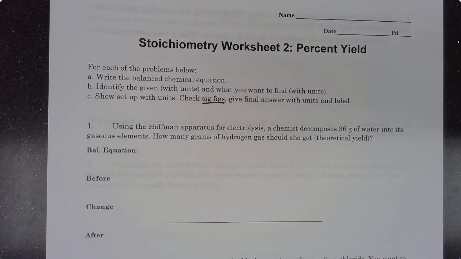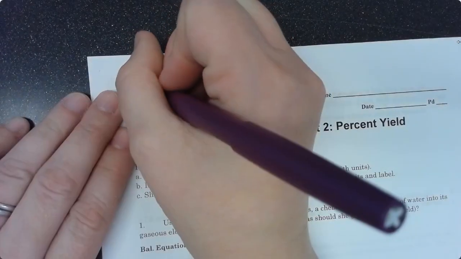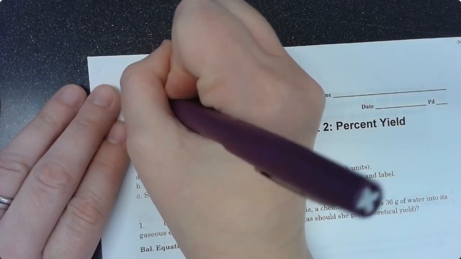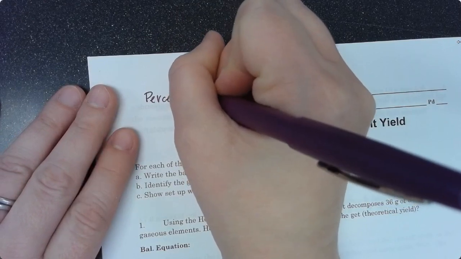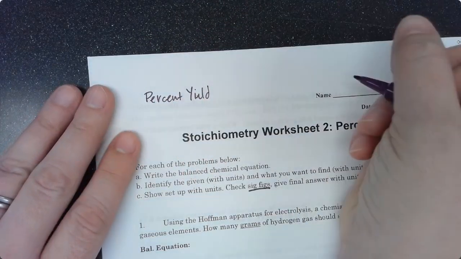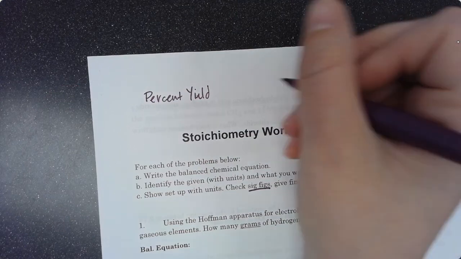Unit 1. Okay, so you guys understand the idea of percent, right? Yes. Good. Okay. Here's the special equation you guys are going to need. At least I'm giving it to you. Percent yield. If we want to understand percent yield, what we want to know is how much we got compared to how much we expected to get.